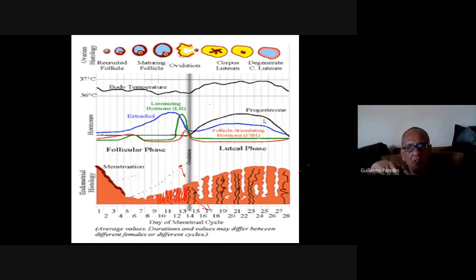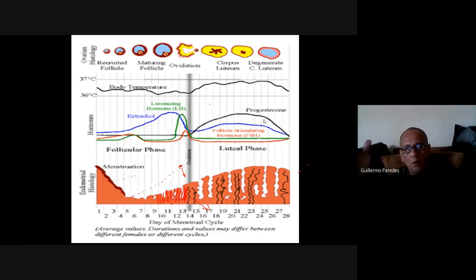And the endometrium has the proliferative phase and the secretory phase. Now, the correlation: the follicular phase of the ovary corresponds to the proliferative phase of the endometrium. And the luteal phase of the ovary corresponds to the secretory phase of the endometrium.